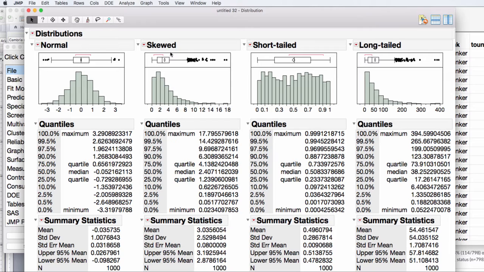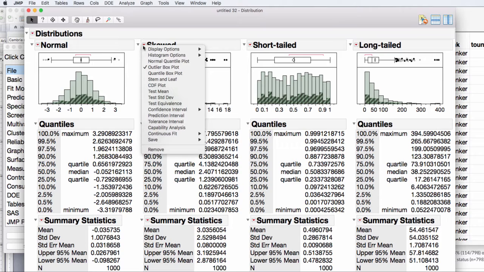For the skewed distribution, you can see here that we are not symmetric about the mean value of 3. So the mean value of 3 is approximately here. And with a skewed distribution, we have a large amount of data to the left. So you can see that it's quite a large amount of data here. And then on the right side, we have data that has a tail.